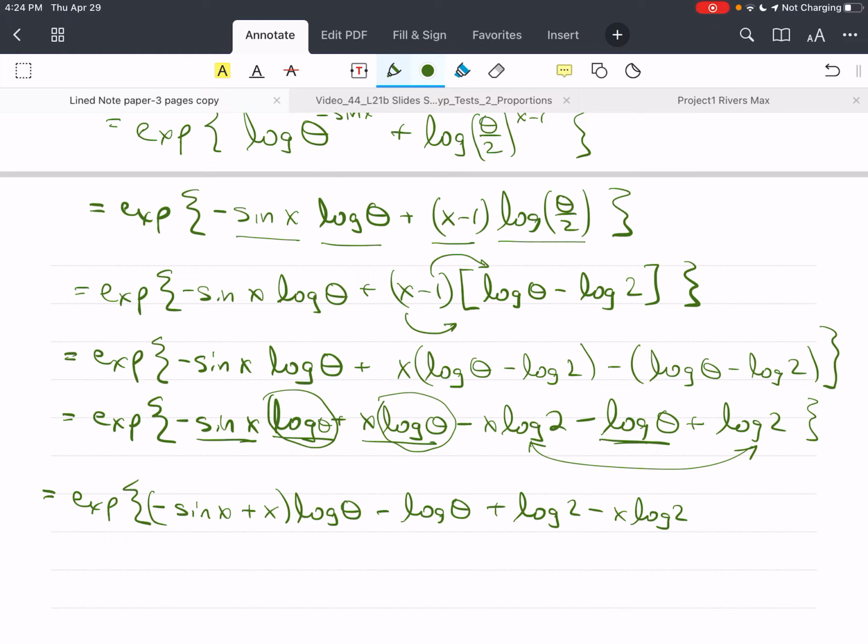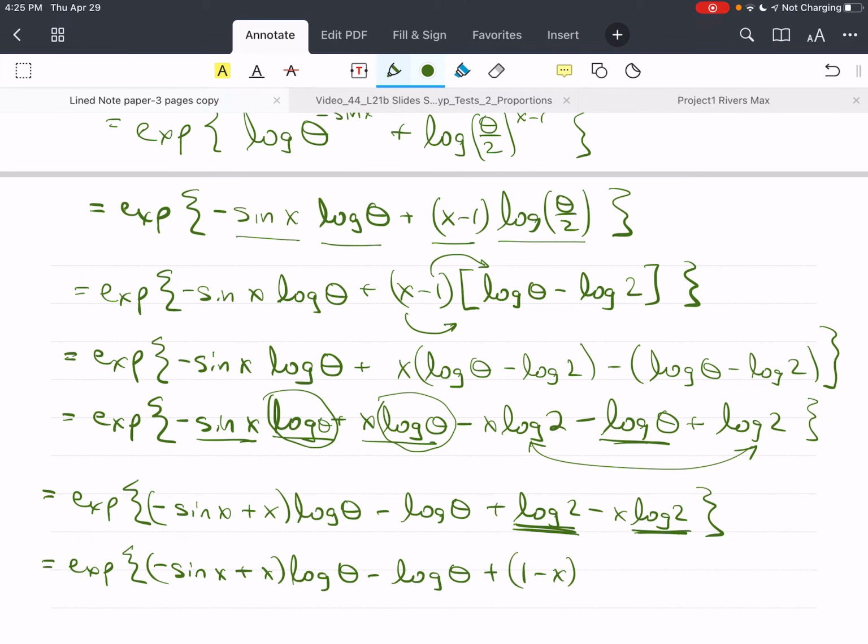Again, I can factor out log 2. If I factor out log 2 of the first term, I'm left with 1. And then here I'm left with the negative x. So this is exp of negative sine x plus x log theta minus log theta plus 1 minus x log 2.